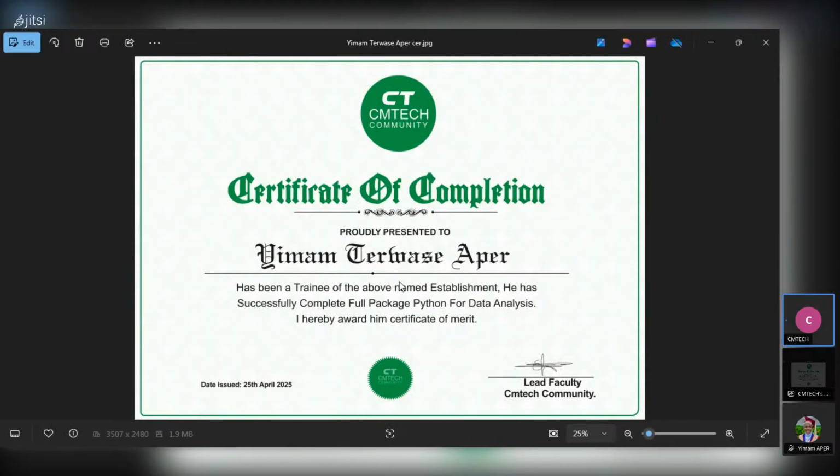This is your certificate of completion, and I say a big thanks to God Almighty and to you for being able to complete this training. So far, so good.